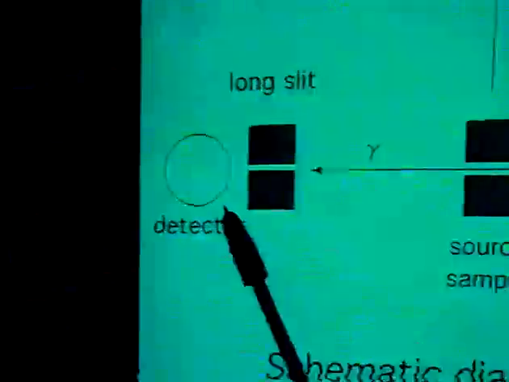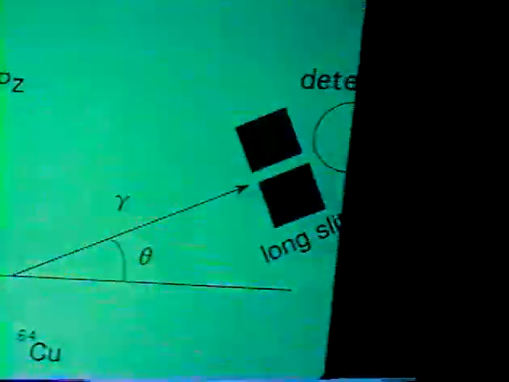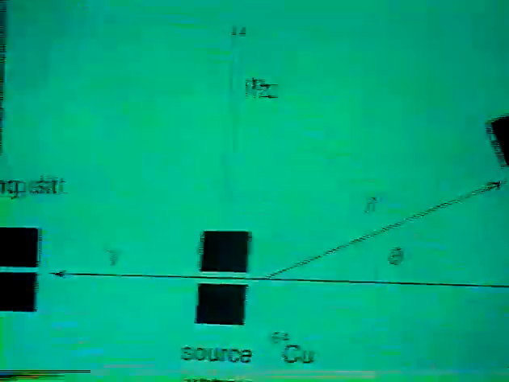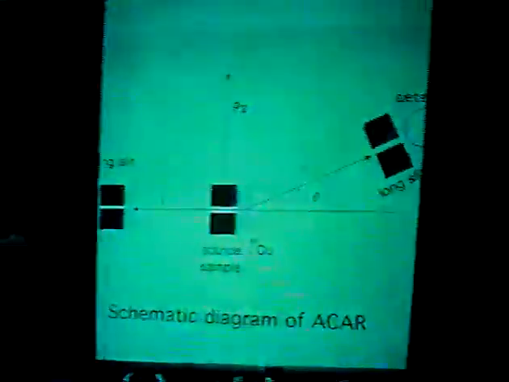The schematic diagram of ACAR measurement: the source and sample. The source used is copper-64 radioisotope, set in this place, and this detector is fixed, and this detector moves at a constant rate.